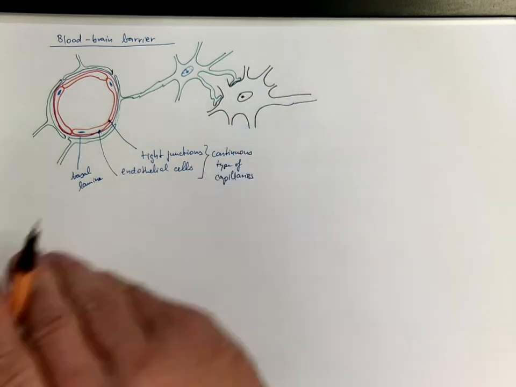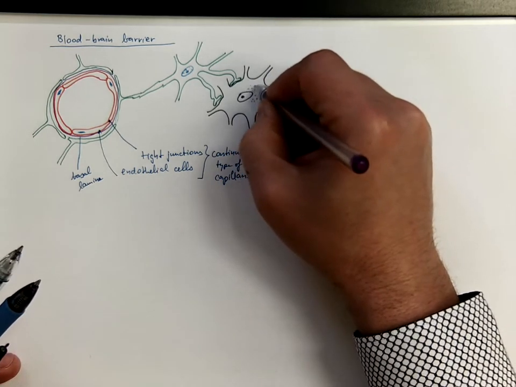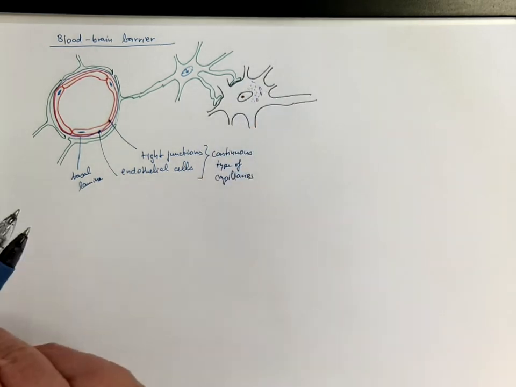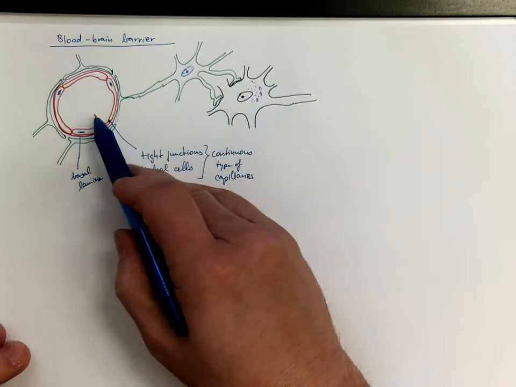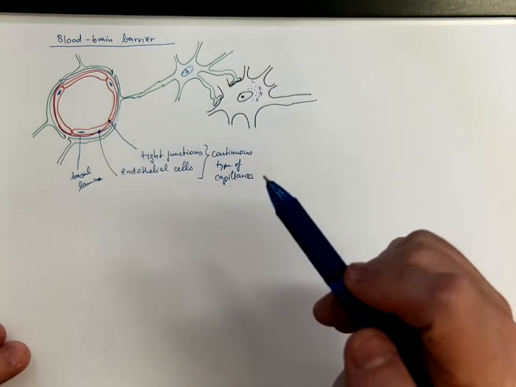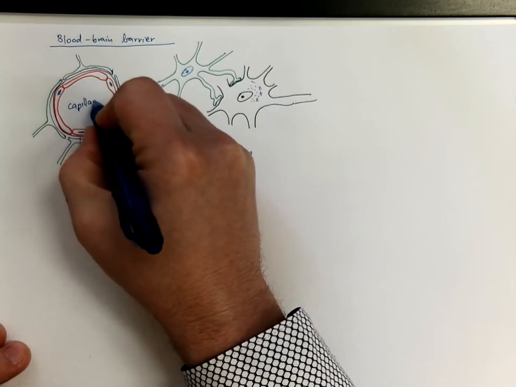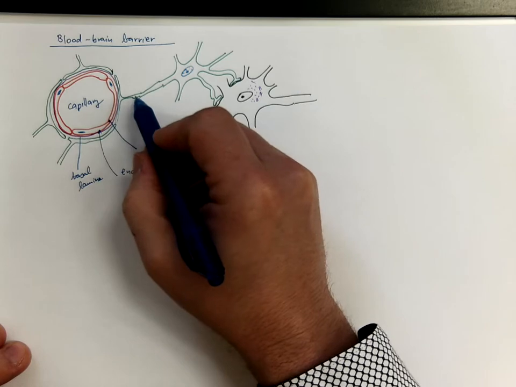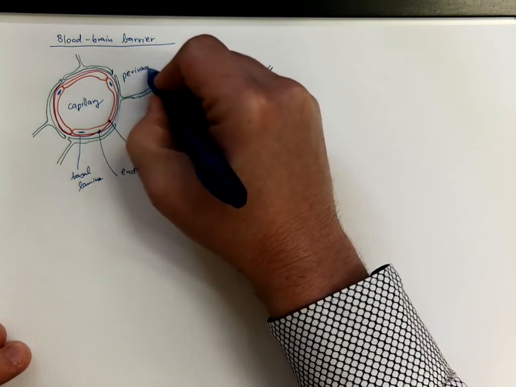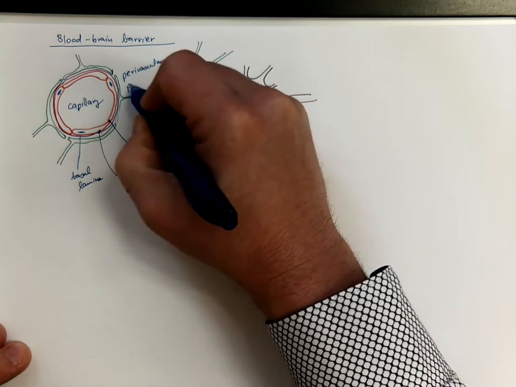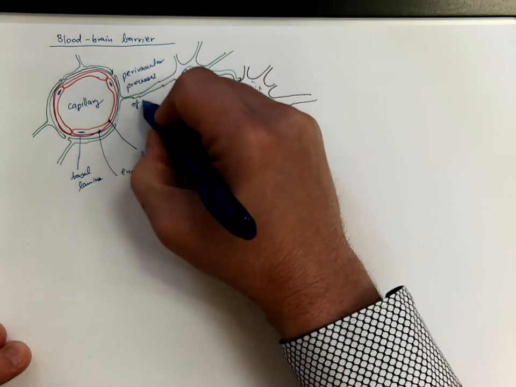With the nucleus and the cell body and the Nissl substance, we can see that the neuron has no direct communication with the blood capillary. So these are the perivascular processes of astrocytes.